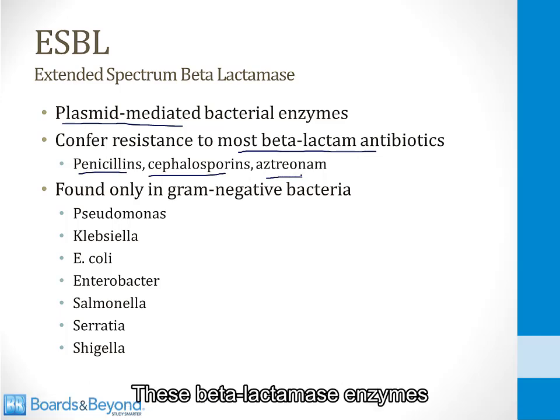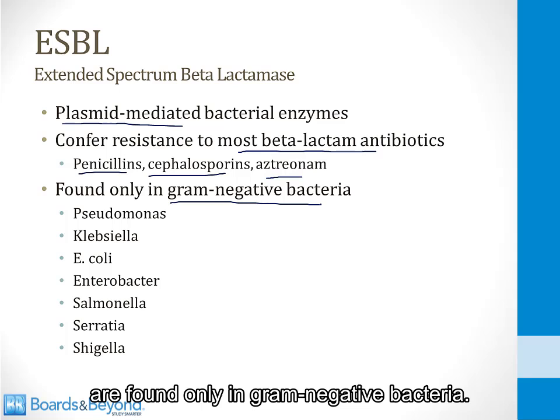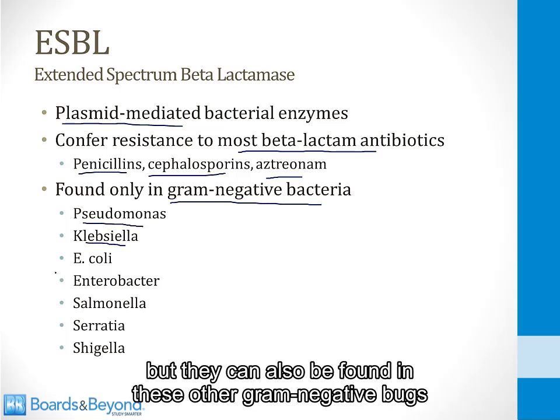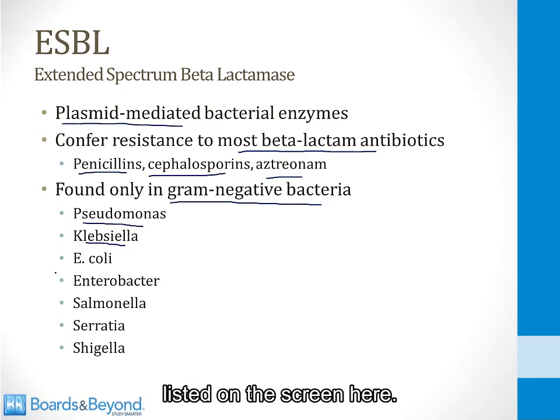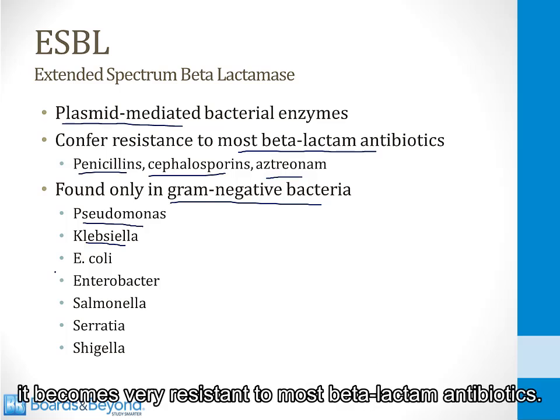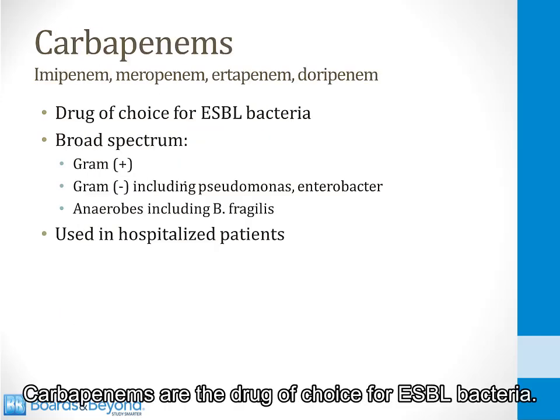These beta-lactamase enzymes are found only in gram-negative bacteria. They're often found in Pseudomonas and Klebsiella, but they can also be found in these other gram-negative bugs listed on the screen here. And once one of these bugs obtains one of these enzymes, it becomes very resistant to most beta-lactam antibiotics.